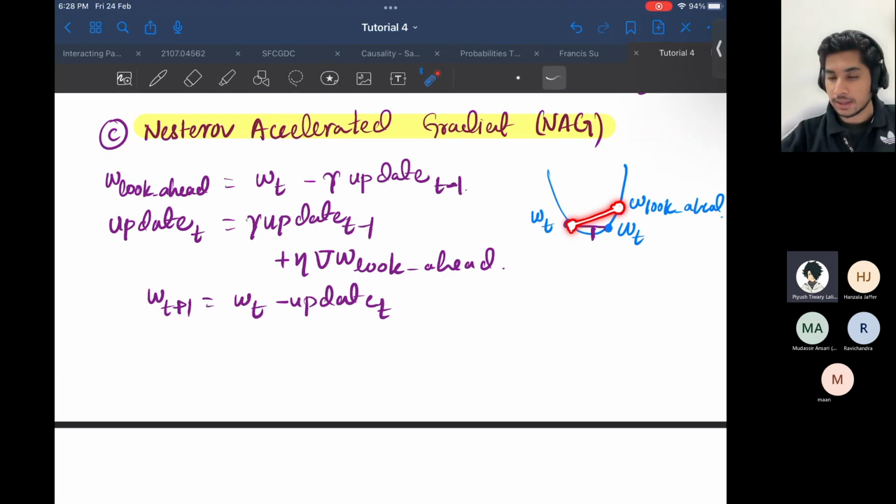At that point, you see what the gradient is, and after seeing it, you adjust your update and reach a point closer to the minima, which is this point. I hope the idea is clear. If not, please unmute yourself and let me know.